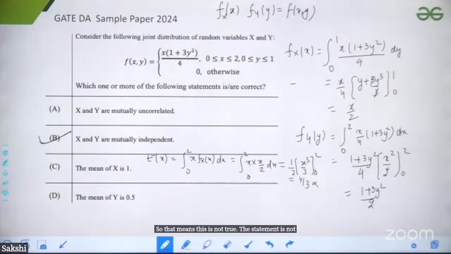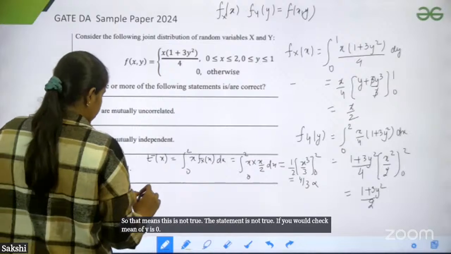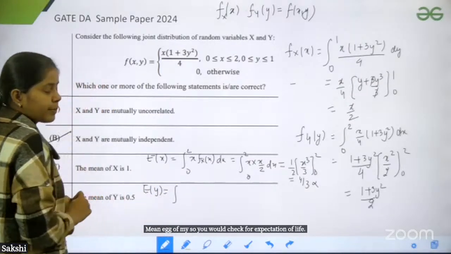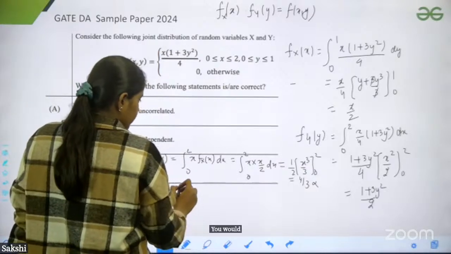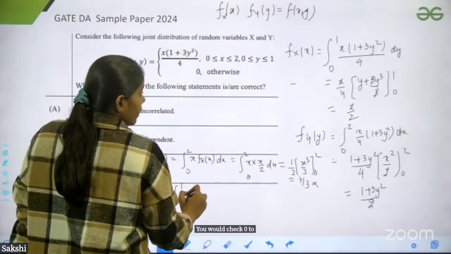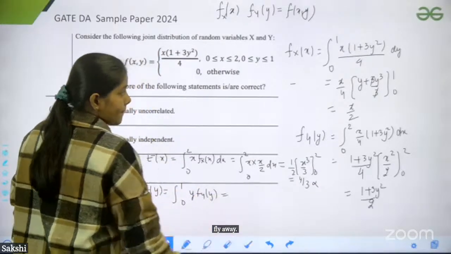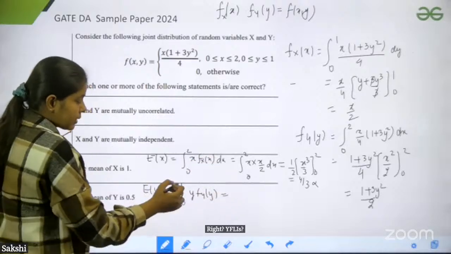If you check whether the mean of y is 0.5, you would check the expectation of y. What would be the expectation of y? You would check the integral from 0 to 1 of y fy. fy is 1 plus 3y square by 2.